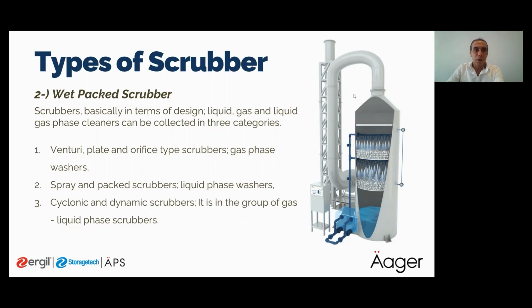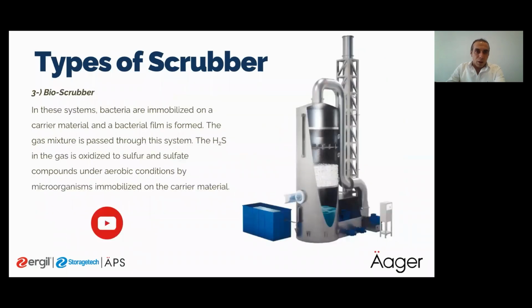The wet scrubber divides into three main units: the venturi type, spray type, and cyclonic type. And the third one is bioscrubbers.